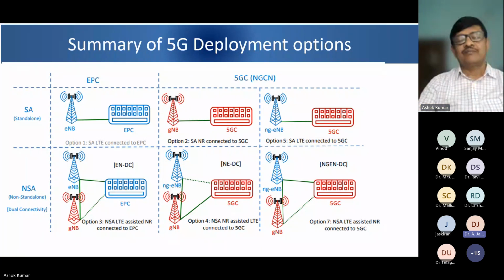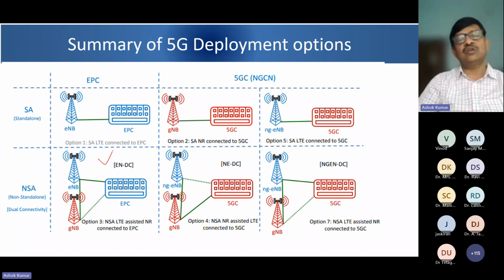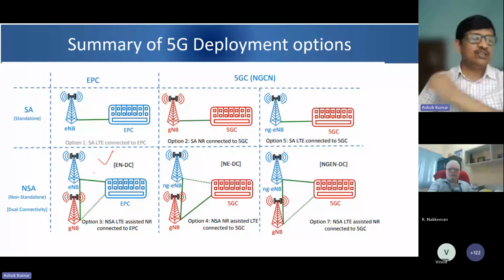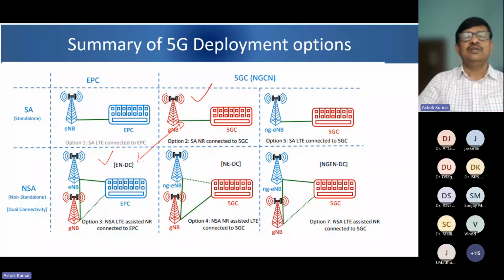Okay. Thank you. But mostly option 3 is the option which all operators have actually followed. The rest of the options I have not seen any operator following. Option 3 or standalone, these are the two options which operators have gone for. As of now, about 40 operators are on this option.